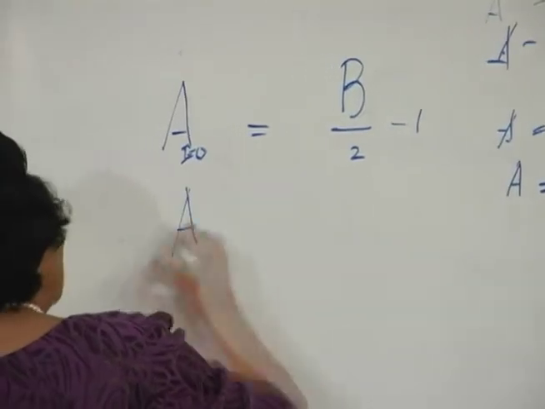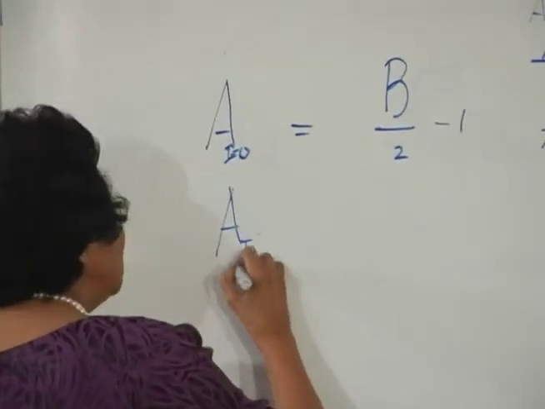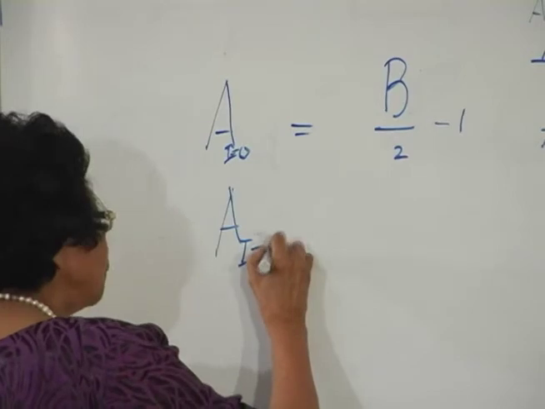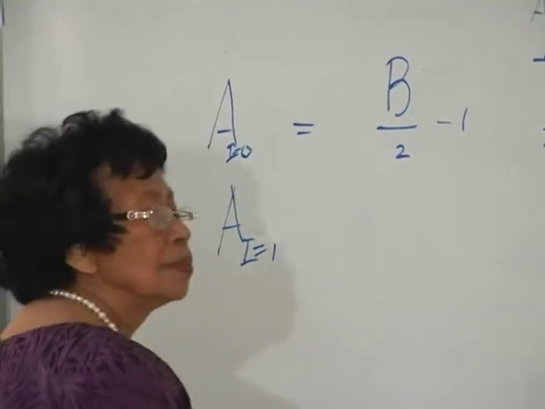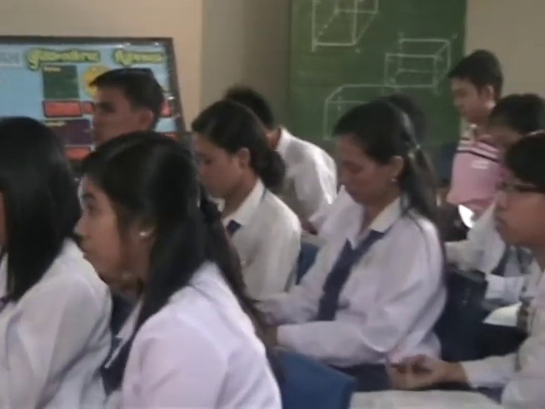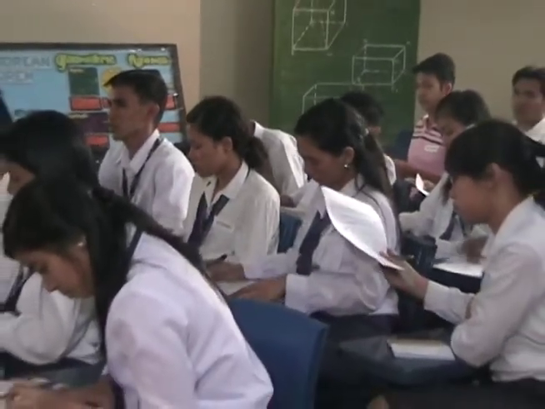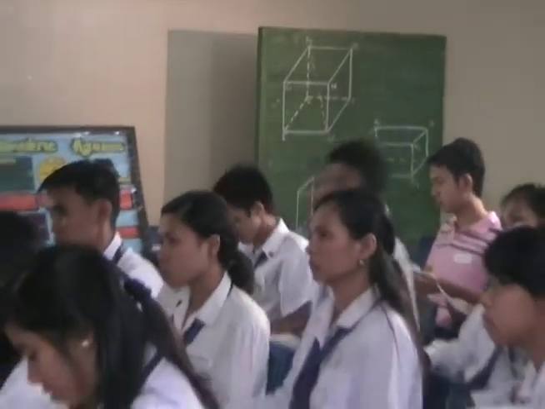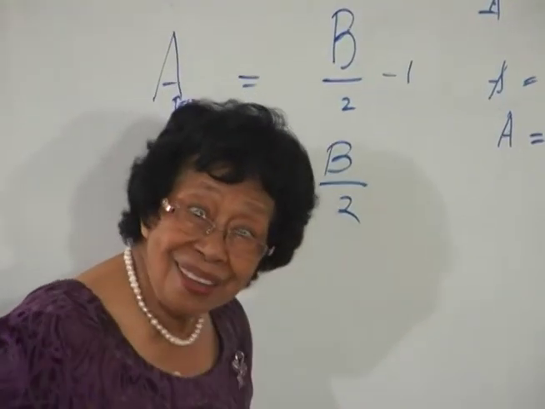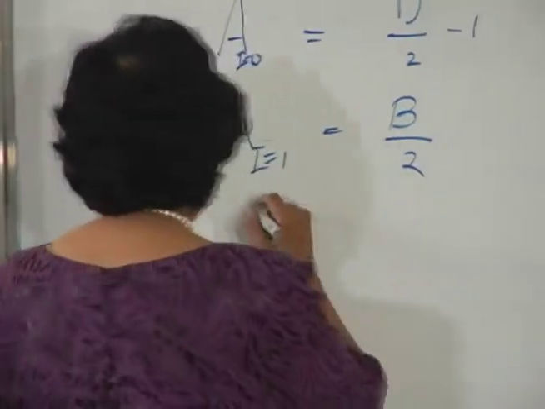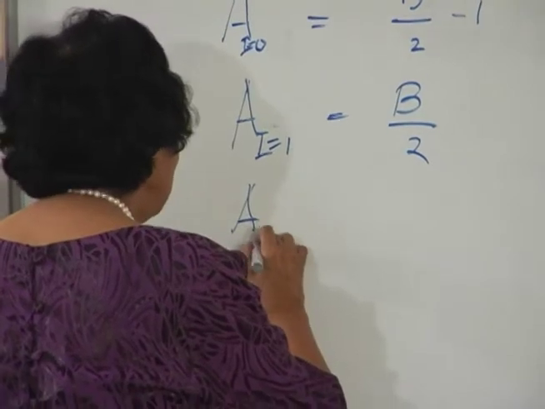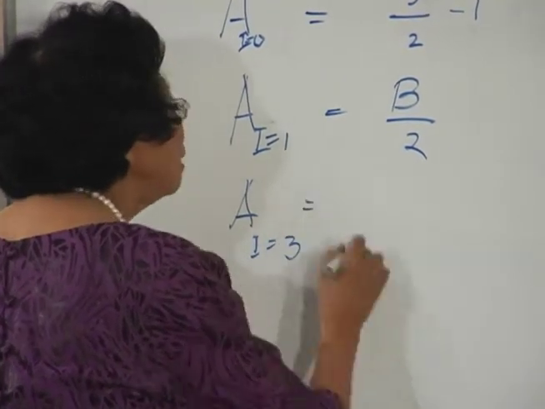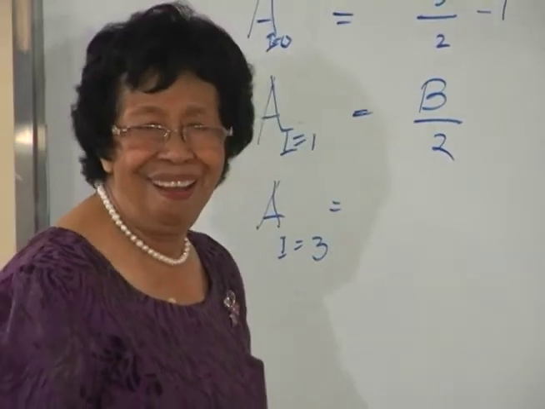How about when the area is in question for I equal to 1? Look at your work. What formula can you form? Yes, Mark? All right. You approve, class? Yes. How about when the interior points will be equal to 3? What do you think is the area?